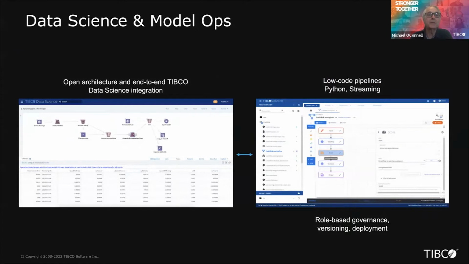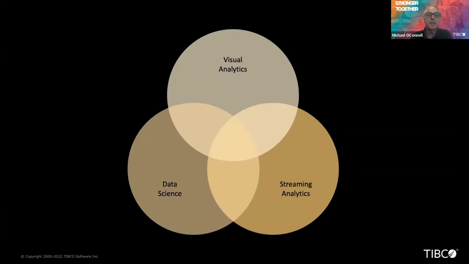And the publishing from data science into ModelOps, we'll show you that, and how that ModelOps offering then allows you to wire up your data science model to a new data source, whether it's a Kafka stream or a database, to do the inference step.